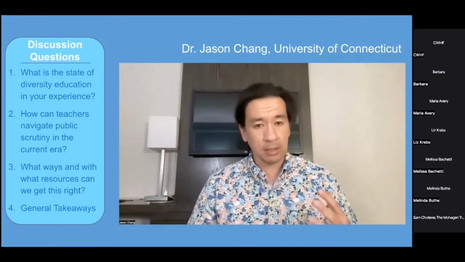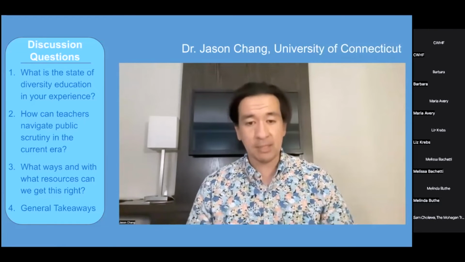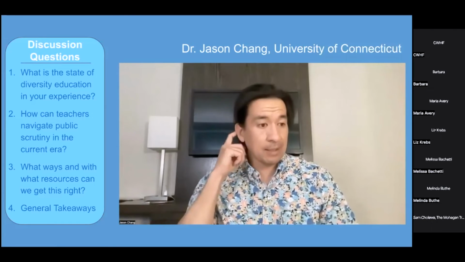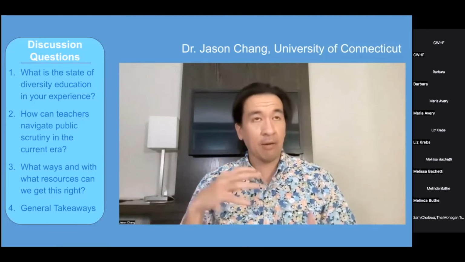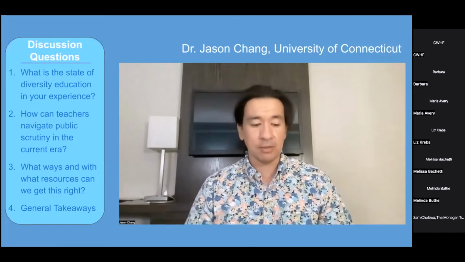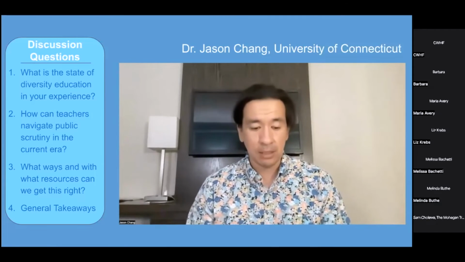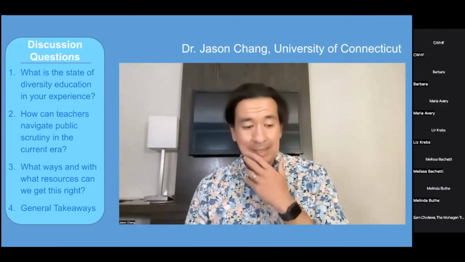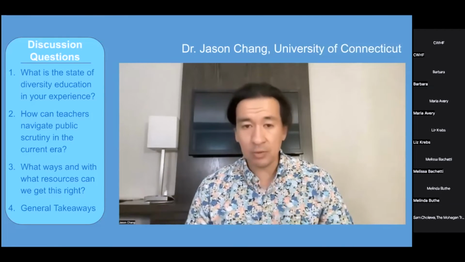So these are two separate pieces that often get lumped together, but we're very intentional about saying we want Asian American studies and Pacific Islander studies, because both are so essential to an accurate understanding of U.S. history.